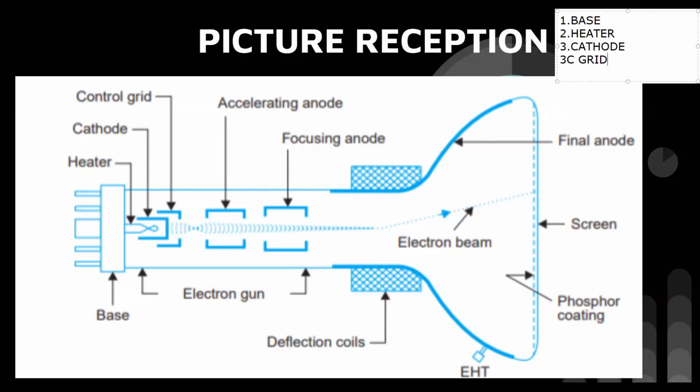Clear? You have the electron gun, then the accelerating anode, then the focusing anode. And the seventh one is the deflecting coils.